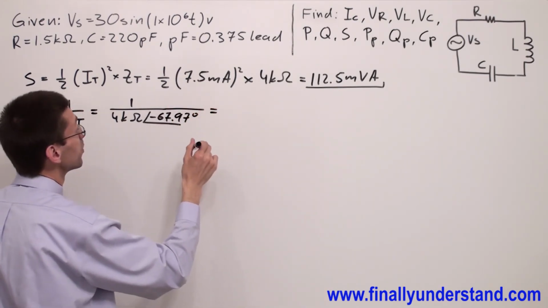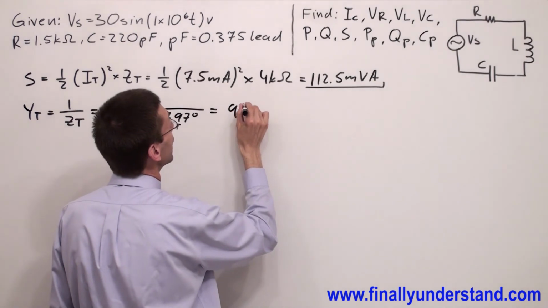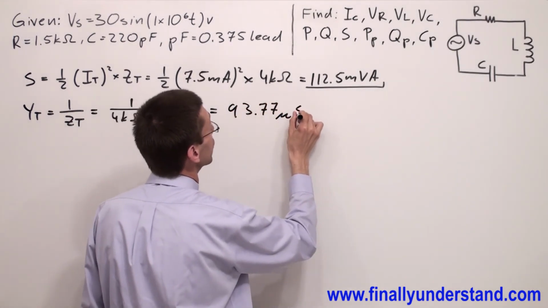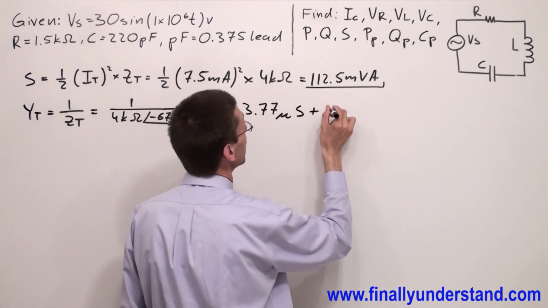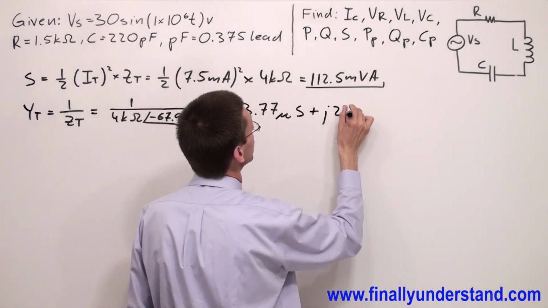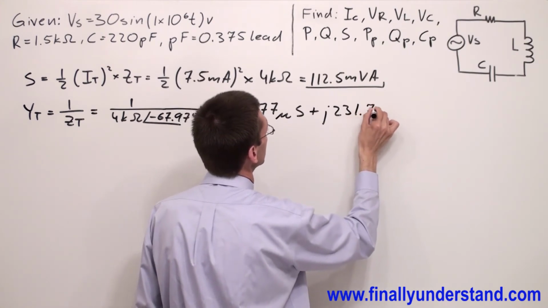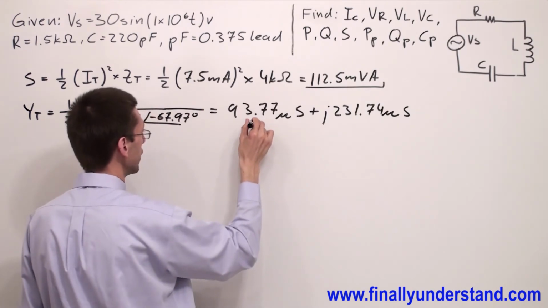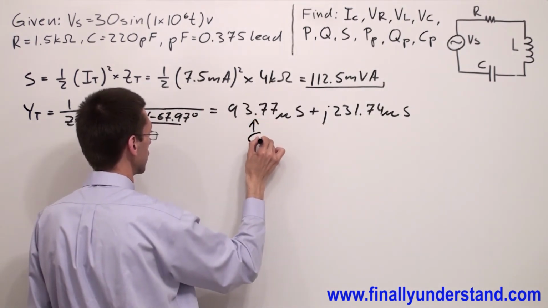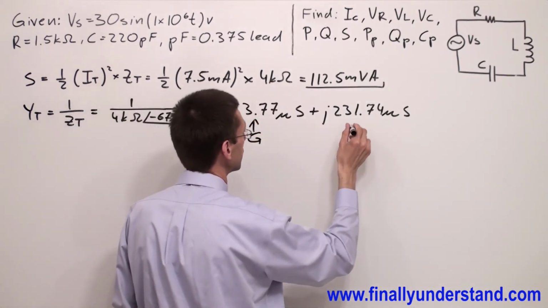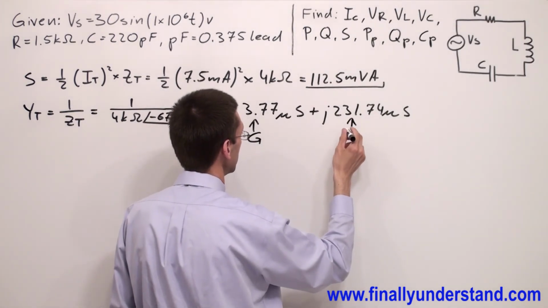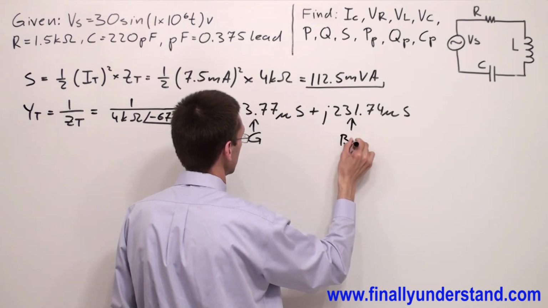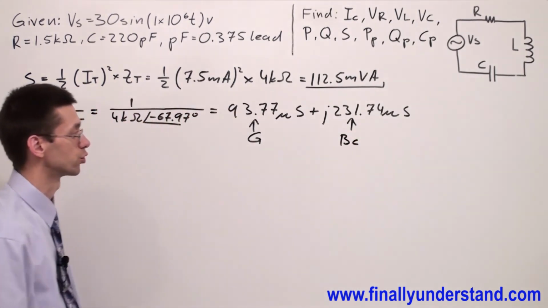The answer is 93.77 microsiemens plus j231.74 microsiemens, where the real part of my answer is my conductance and the imaginary part is my capacitive susceptance.